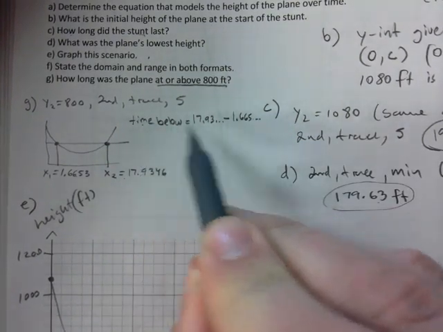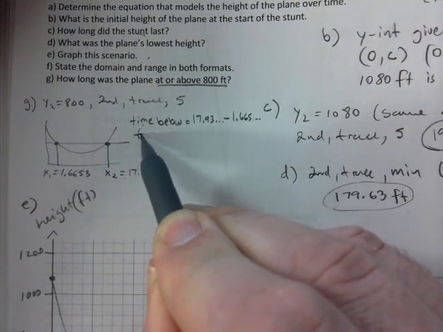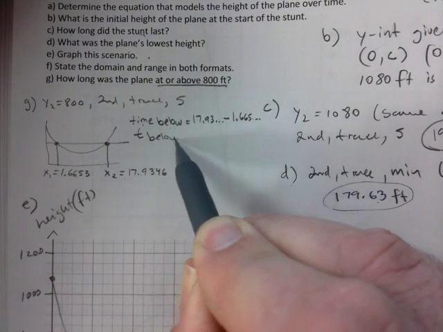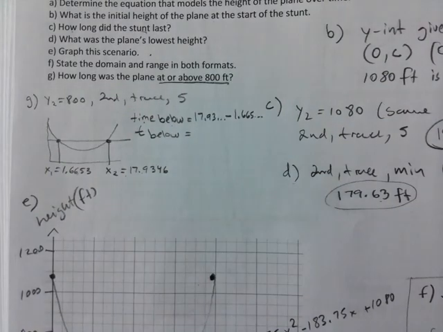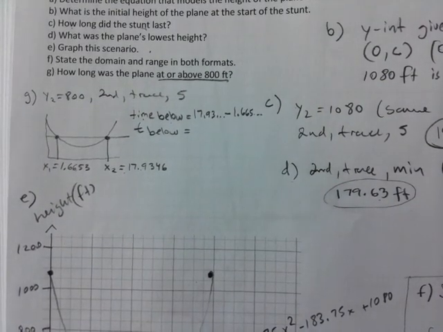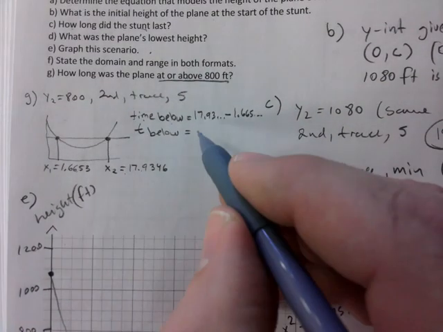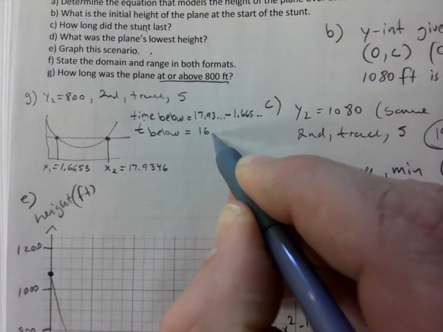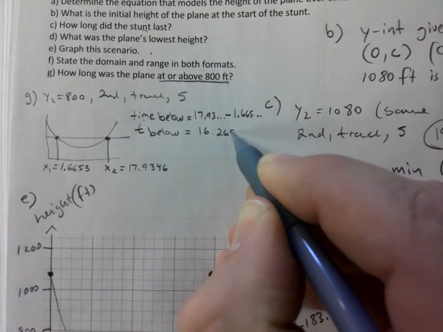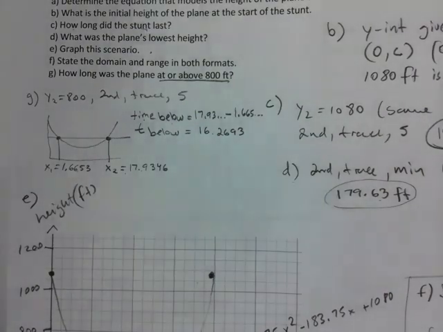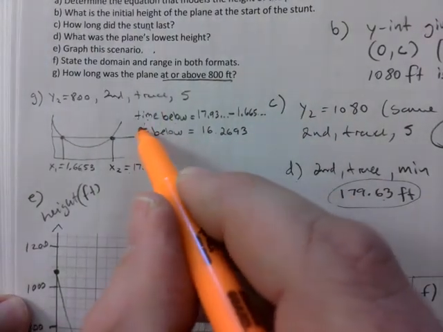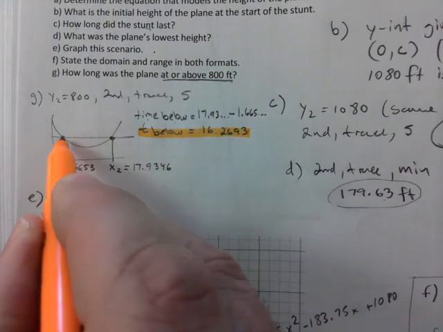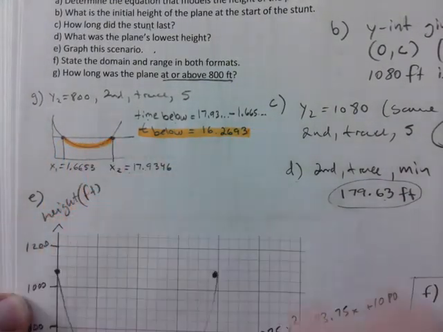I'm going to call it t below. Let's subtract that. And I got 16.2693. I'm going to use a highlighter for that. What you just found represents the time spent there.